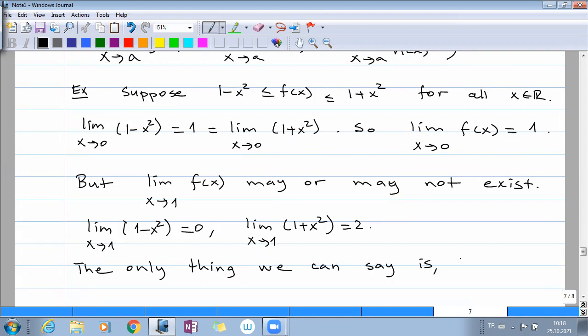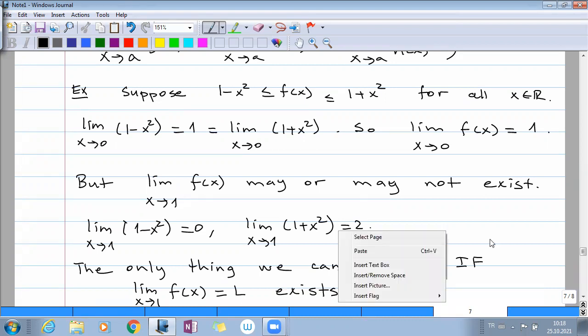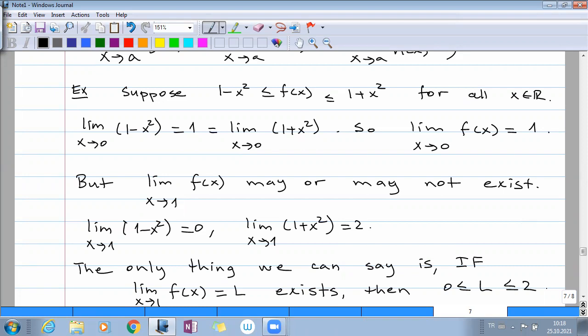is if the limit as x goes to 1 of the function f is the number L, if this number exists, then it has to be a number between 0 and 2. That's the only thing we can say.